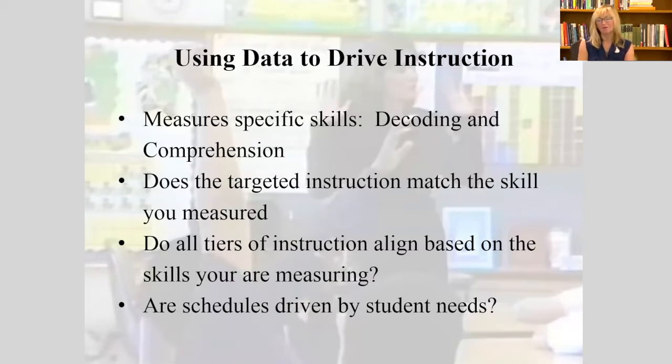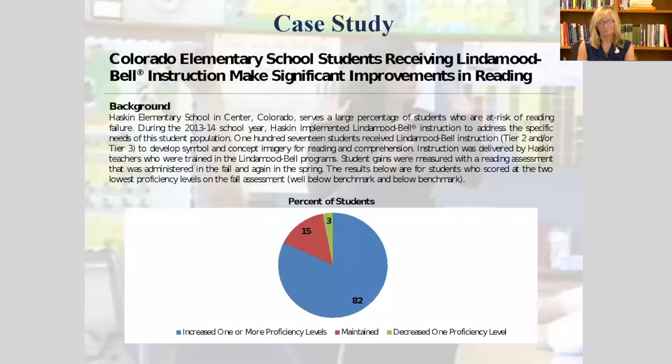Having been a classroom teacher, one of my biggest frustrations was how to manage those varying levels of abilities that my students had, also their varying levels of background knowledge and vocabulary levels. But what if I told you we could actually use your data to target those deficits and be prescriptive in our interventions? I'm going to be honest with you, I left teaching because I didn't think that was actually possible. And I'm really thrilled to be here today to share with you some success stories on that front.